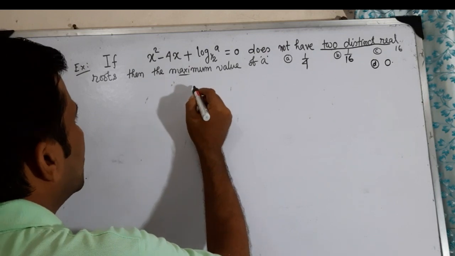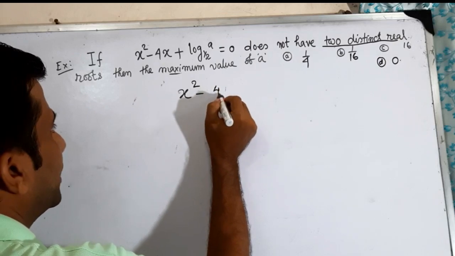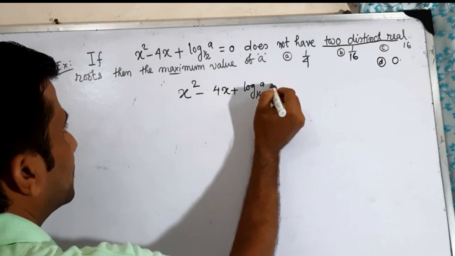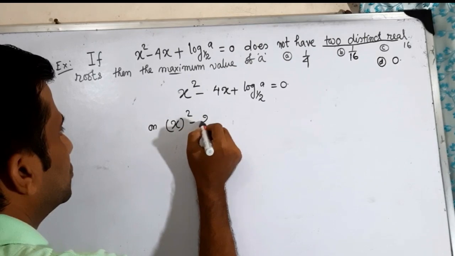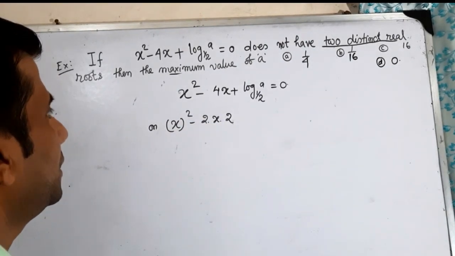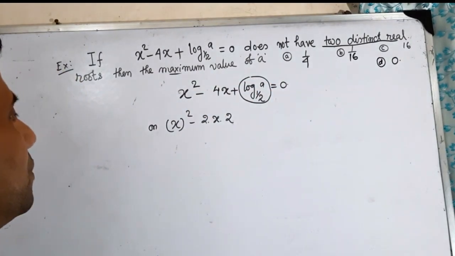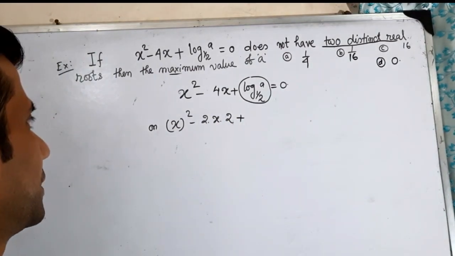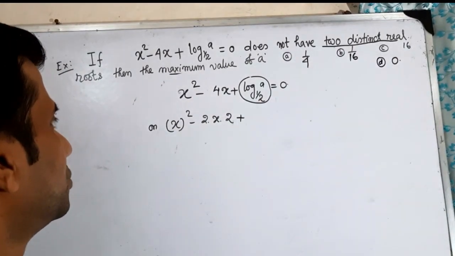Then what we do from here, this is x square minus 4x plus log a base half is equal to 0, or x square minus 2x into 2. Now if this value will be 4, then this will be a perfect square and has two equal roots.